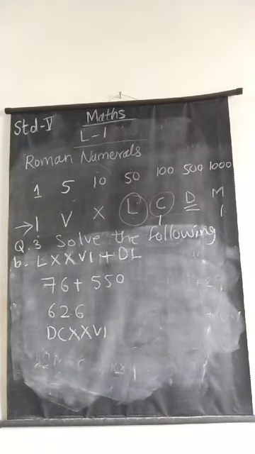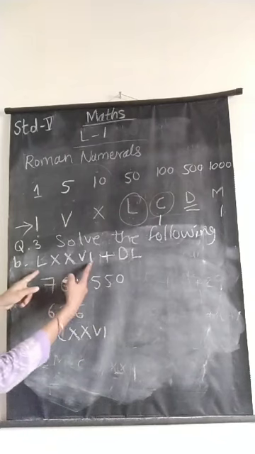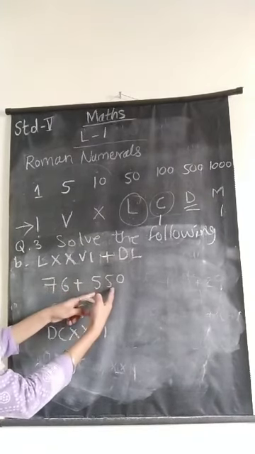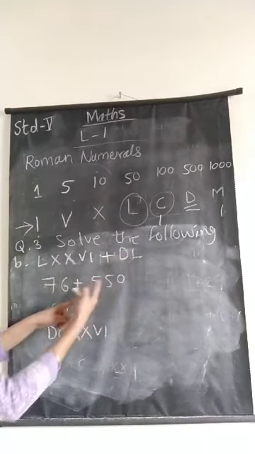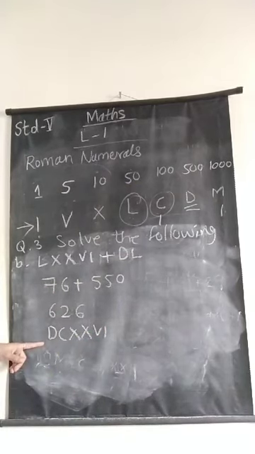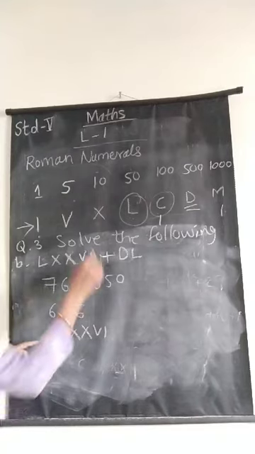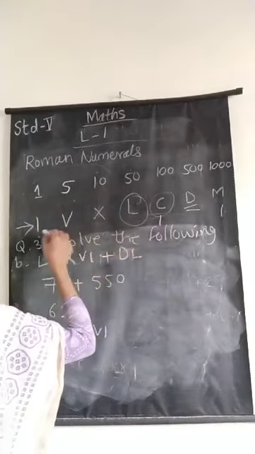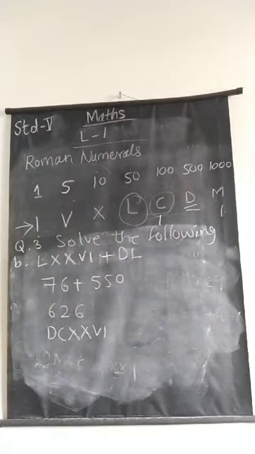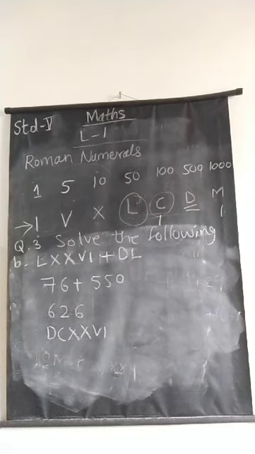Okay, understand how to write? First, you have to convert this into Hindu-Arabic numerals. This is also converted into Hindu-Arabic. Then take the addition, then convert it into Roman numerals with the help of these Roman basic 7 alphabets. Okay, students, understand how to take the addition, how to take the subtraction.